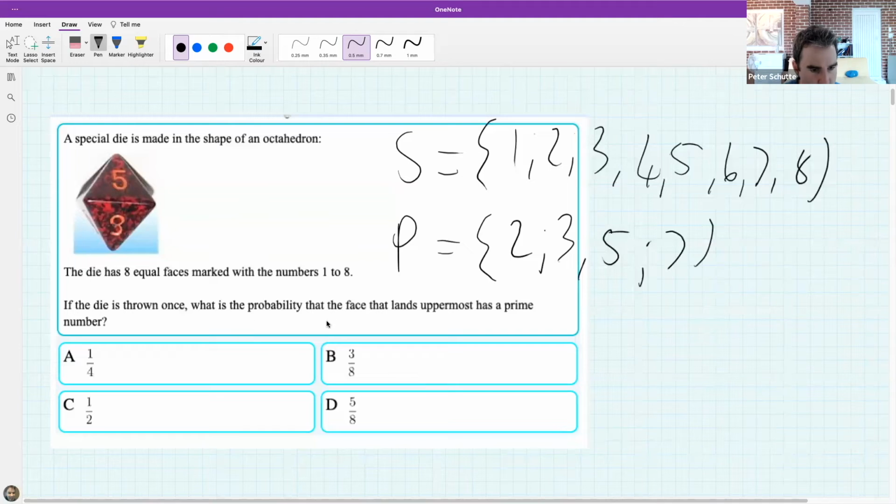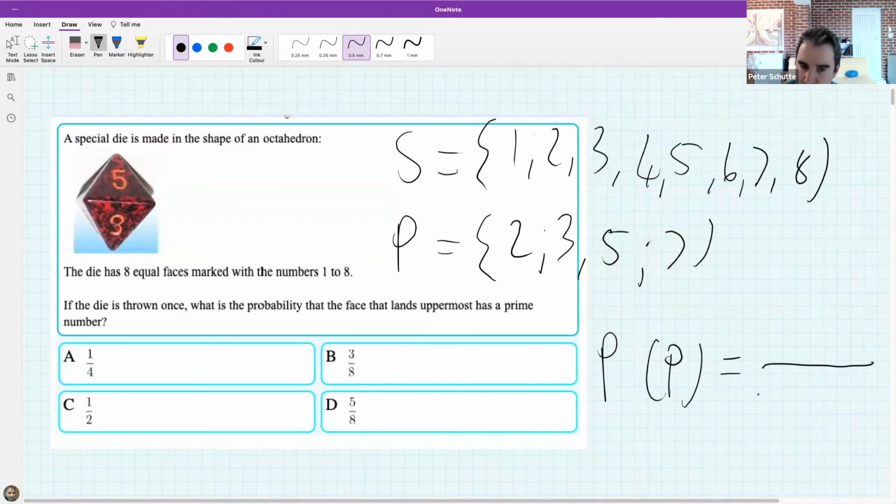And so what is the probability that it has a prime number? Well, the probability is going to be the number of items in the sample space, so that'll be 8, and the number of items in the prime. So it's 4 over 8. And 4 over 8 is the same as a half.